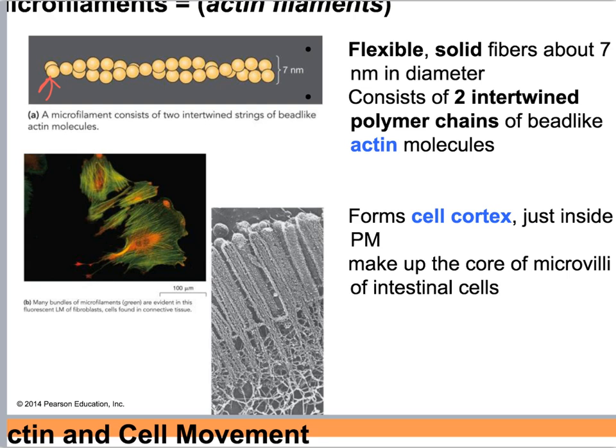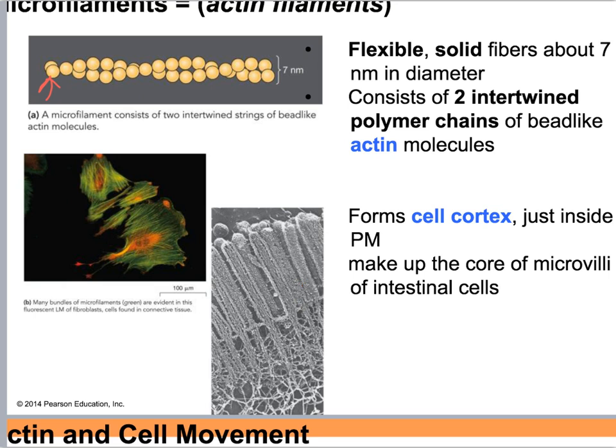Where do we find actin in the cell and these microfilaments? Well, they make up something called the cell cortex, which is just below the cell surface, just below the plasma membrane of a cell. You might remember that I mentioned before, on some cells there are these little projections on the surface that are called microvilli.